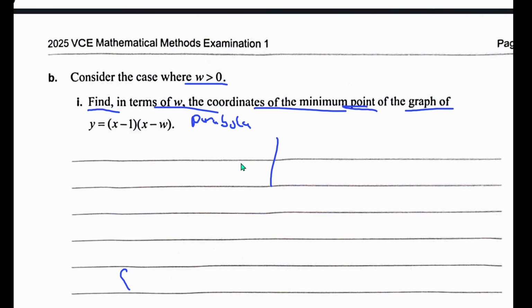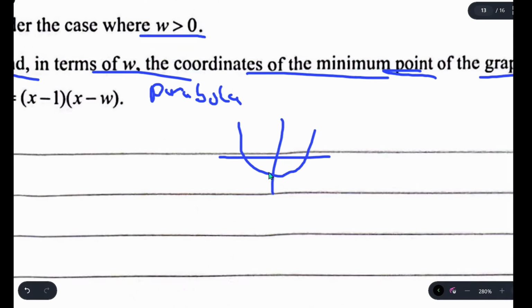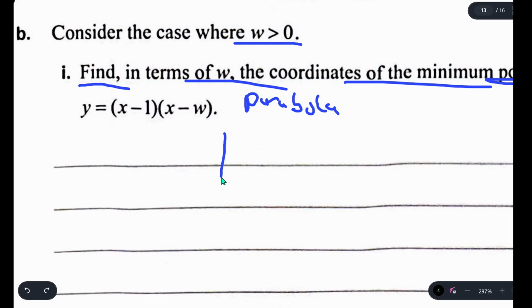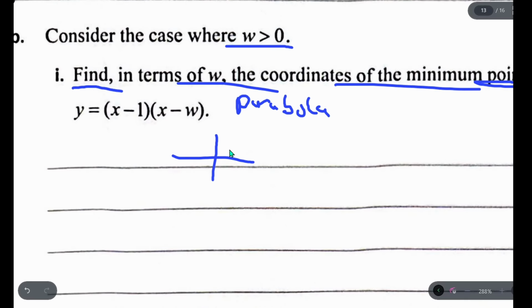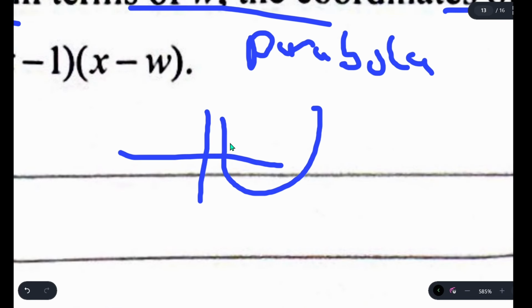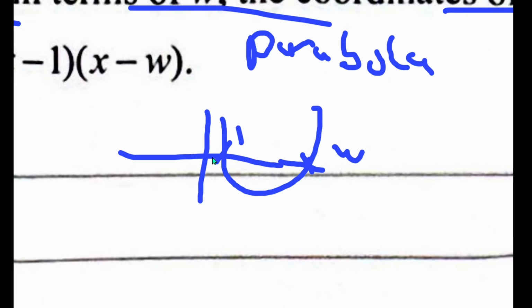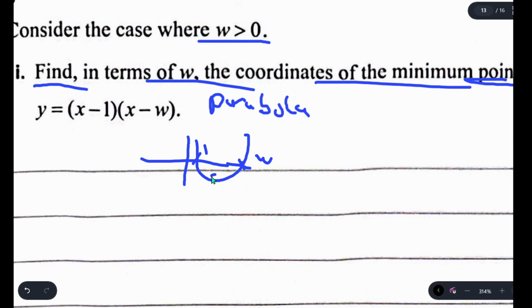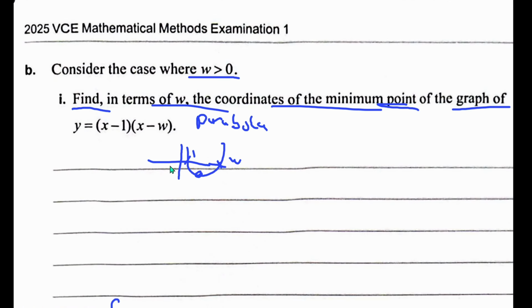That if we have an intercept, the turning point is usually right in the middle. So they're saying essentially if w is greater than 0, there is going to be a 1 here for the intercept, and the next intercept is at w. So the minimum point is right in the middle. You can use differentiation as well, but let's go with this method.